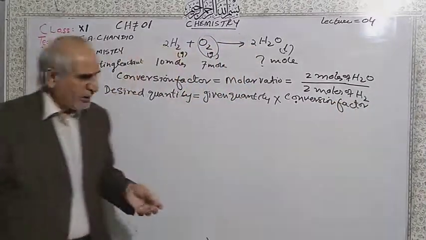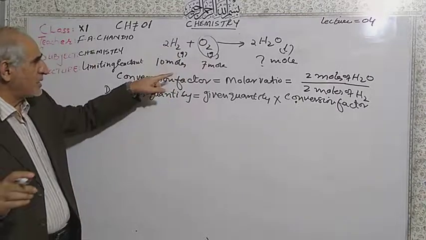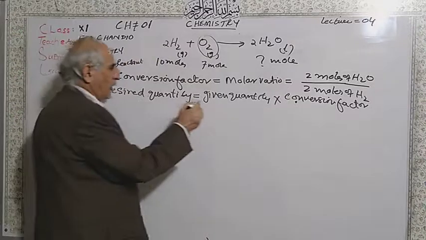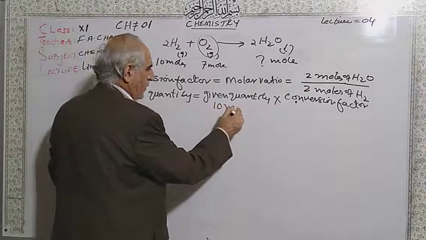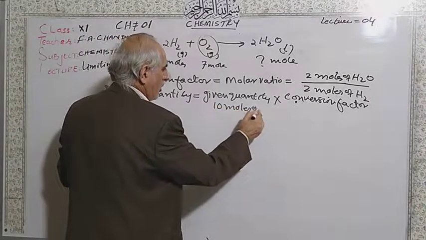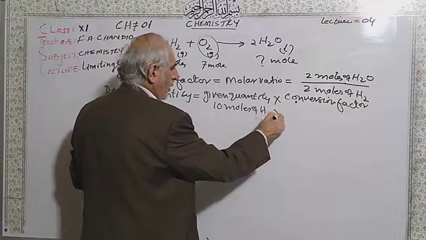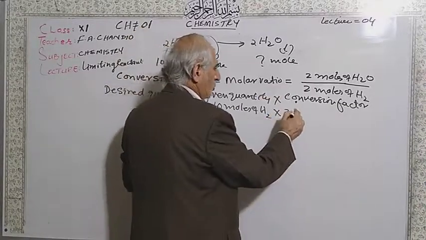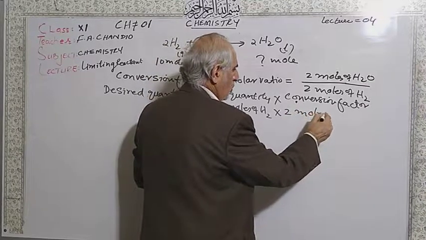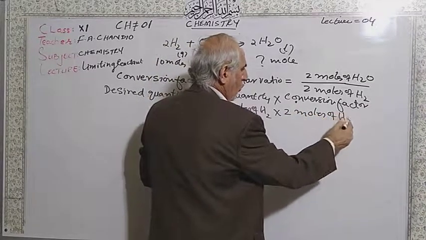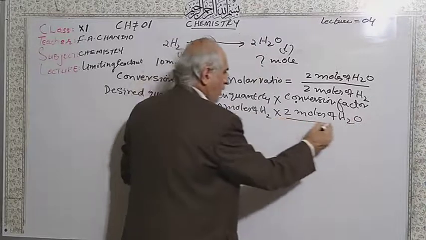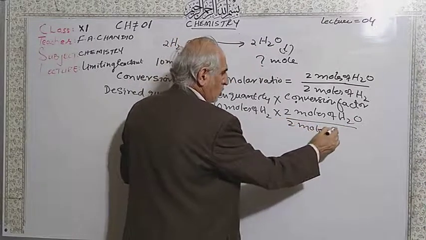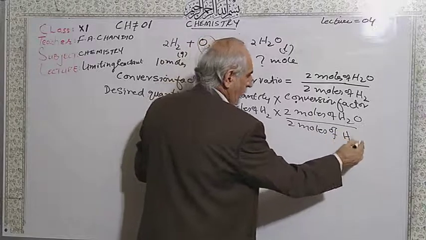Now dear students, given quantity is 10 moles of hydrogen. We write 10 moles of hydrogen multiplied by conversion factor, 2 moles of water divided by 2 moles of hydrogen.